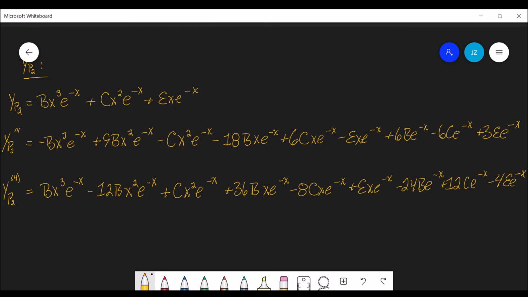We now have to plug this into the differential equation. I'll leave all the simplification to you.